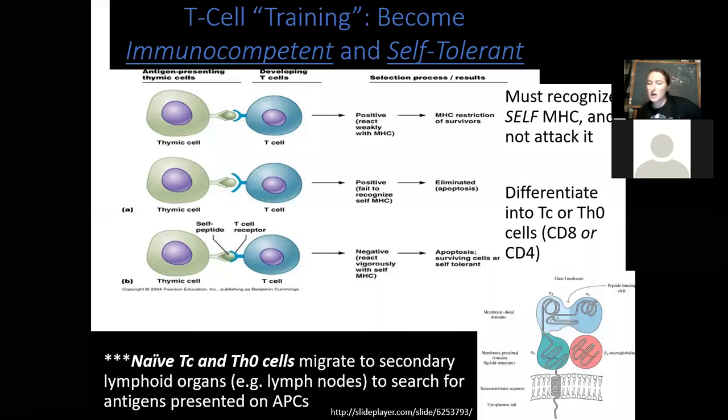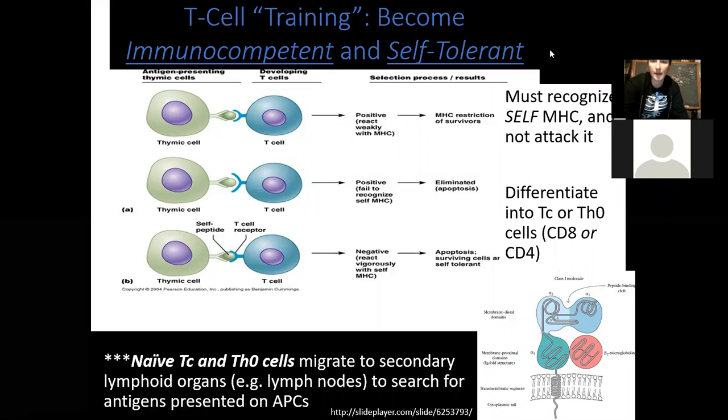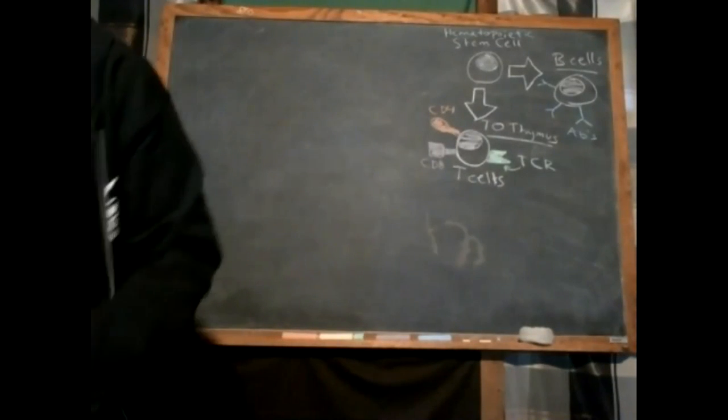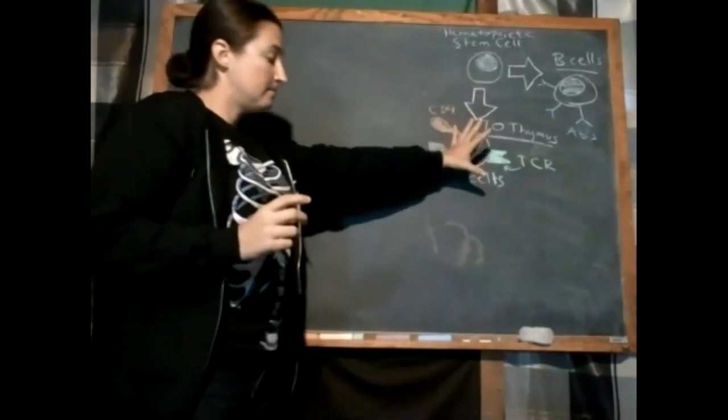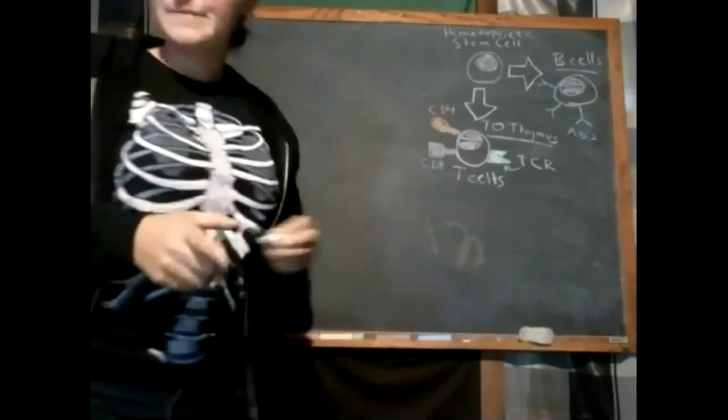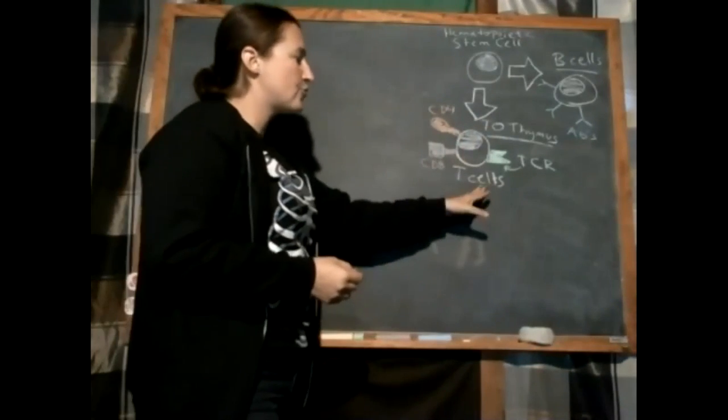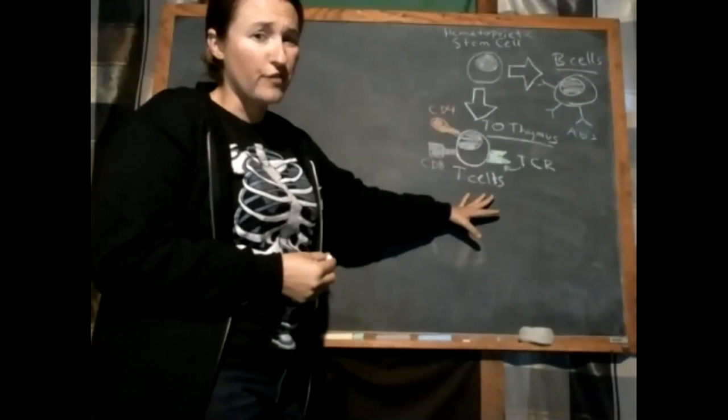Okay, so let's draw this in up here. Okay, a little bit of back and forth today. Okay, so these guys are in the thymus being trained. Okay, what I hadn't mentioned before was that this training process is super rigorous.